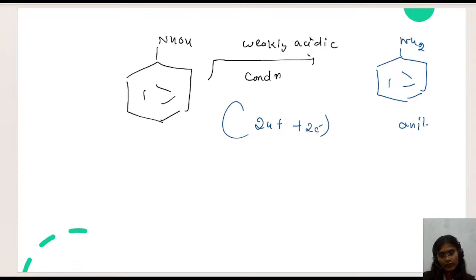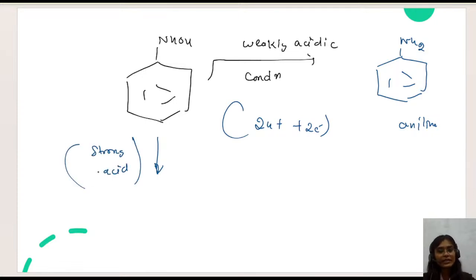Aniline forms when we're using weakly acidic condition, and if you're using strongly acidic condition, be noted, it's not like a strong acid such as HCl and a weak acid such as acetic acid. I said strongly acidic condition. I'm not saying it is a strong acid or a weak acid. The amount of acid is the deciding factor. So let's say H positive, strongly.